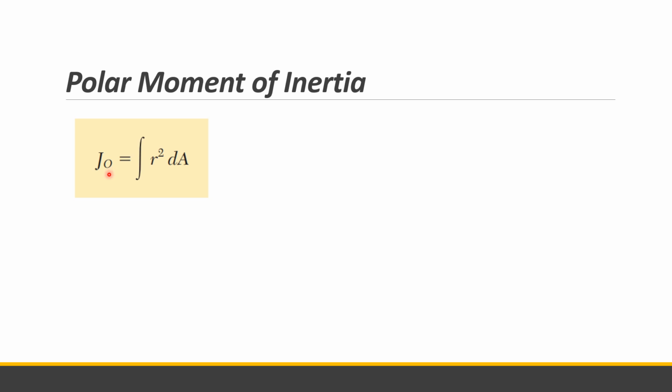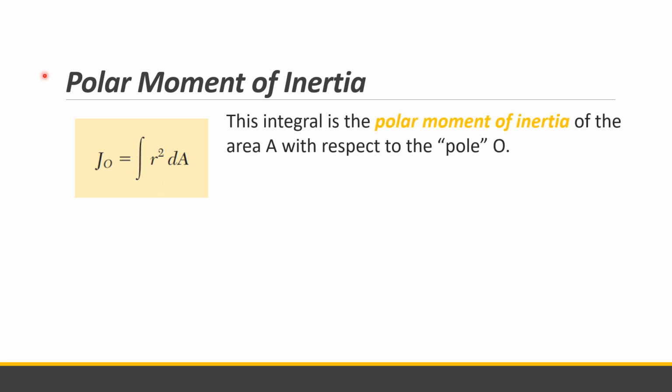O is the origin, and J is the variable for polar moment of inertia, which is equal to the same form of equation, r squared times dA. This integral is the polar moment of inertia of the area with respect to the pole O, or the origin O.